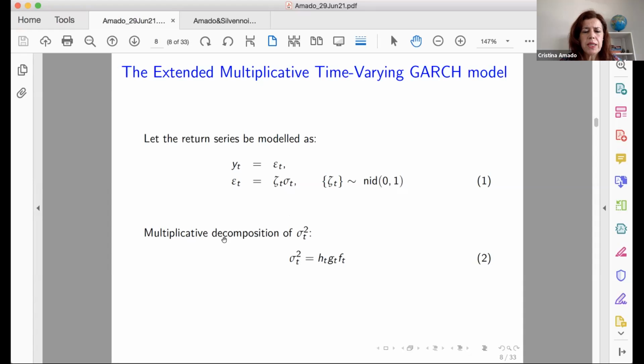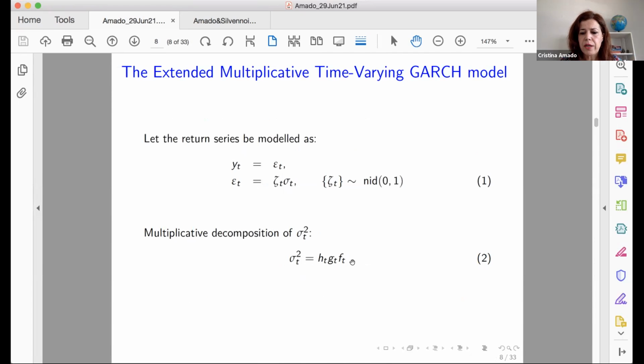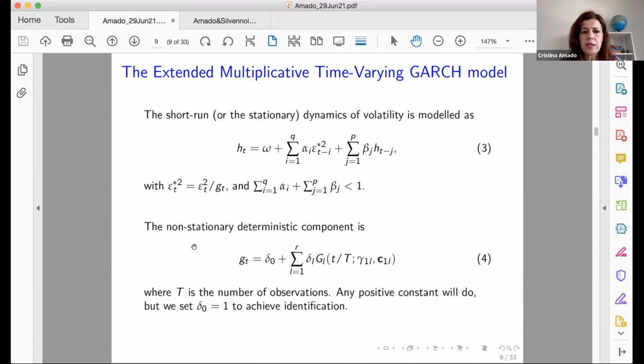And the multiplicative decomposition of the variance, given by equation number 2, is a product of functions, where h_t describes the short-run dynamics of volatility, and it can be modeled by, we could think about, a GARCH(p,q) model. And the g_t function is a non-stationary deterministic component, a function of time.